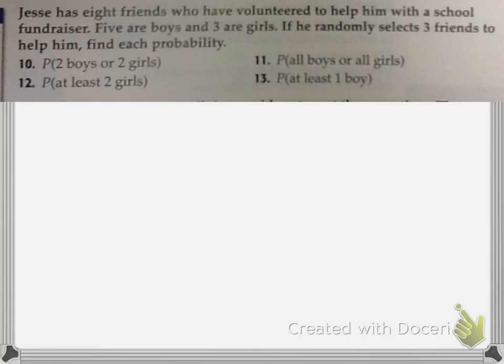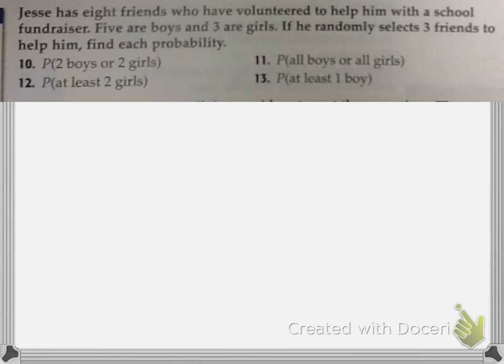Okay, so now, first of all, he's just selecting a group of friends. So does order matter? No. Because I think we're going to have to bust out our old PRB button for this one. So we're going to be using combinations.